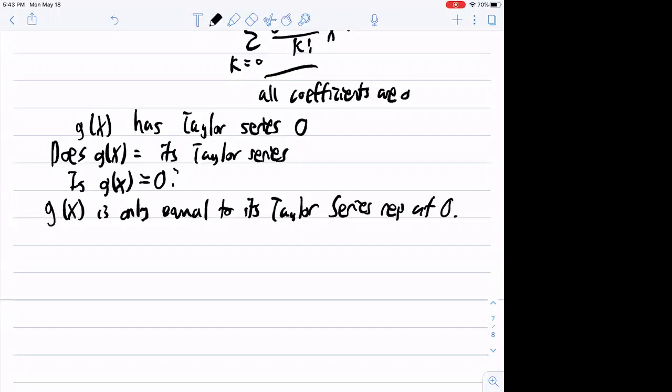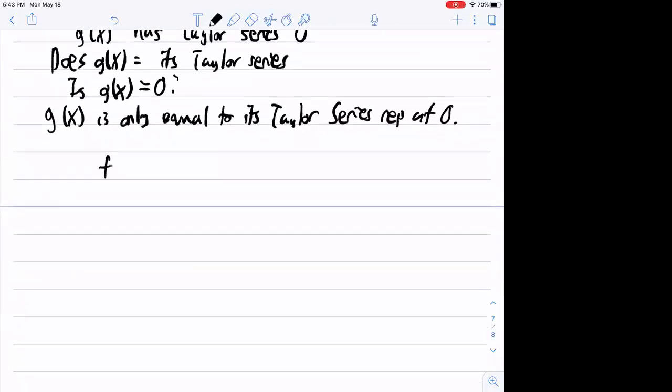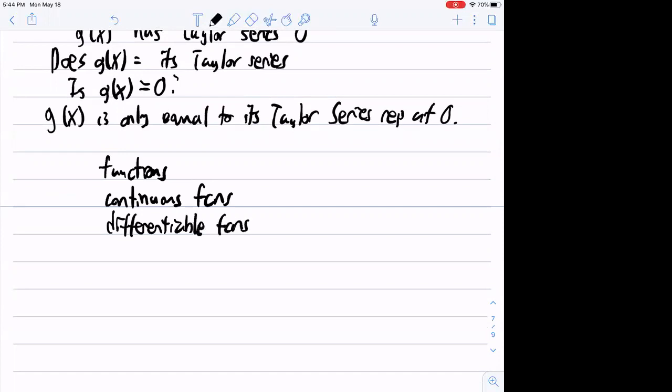For people interested, we talked a lot about functions, and then we moved to continuous functions, then differentiable functions, and then infinitely differentiable functions. It turns out that if you think this is nice enough, it's not.